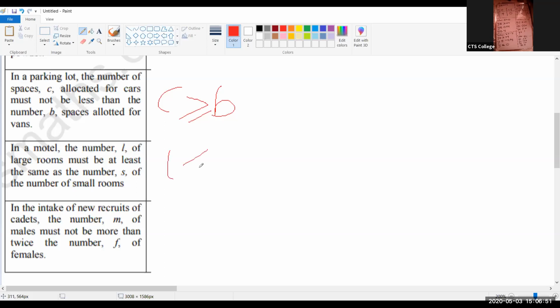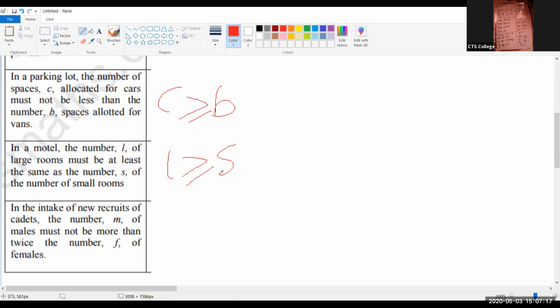In a motel, the number L of large rooms must be at least... means what? Greater than or equal to S. Yes. Because if I tell you all, you must get at least 50% to pass, that means you must get 50% or more. It means greater than or equal to, right?